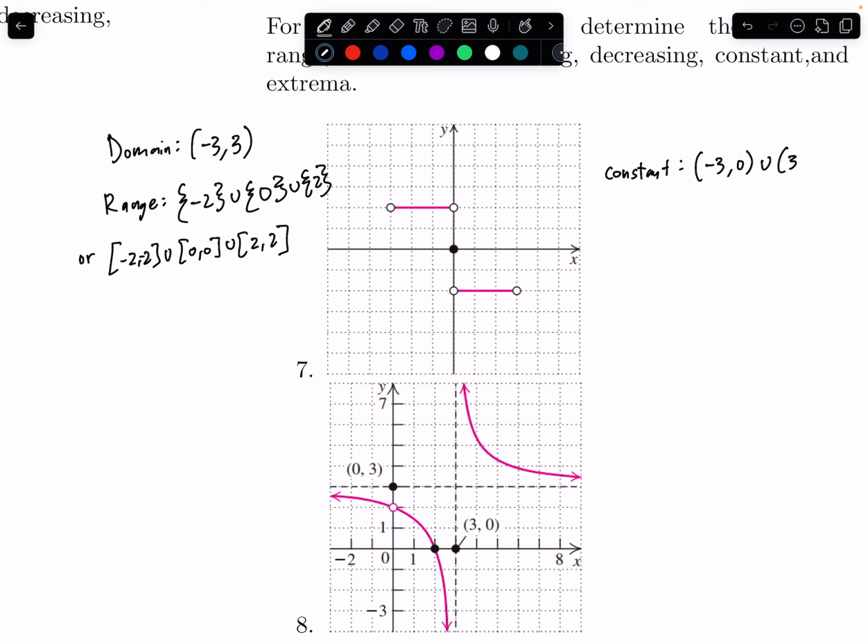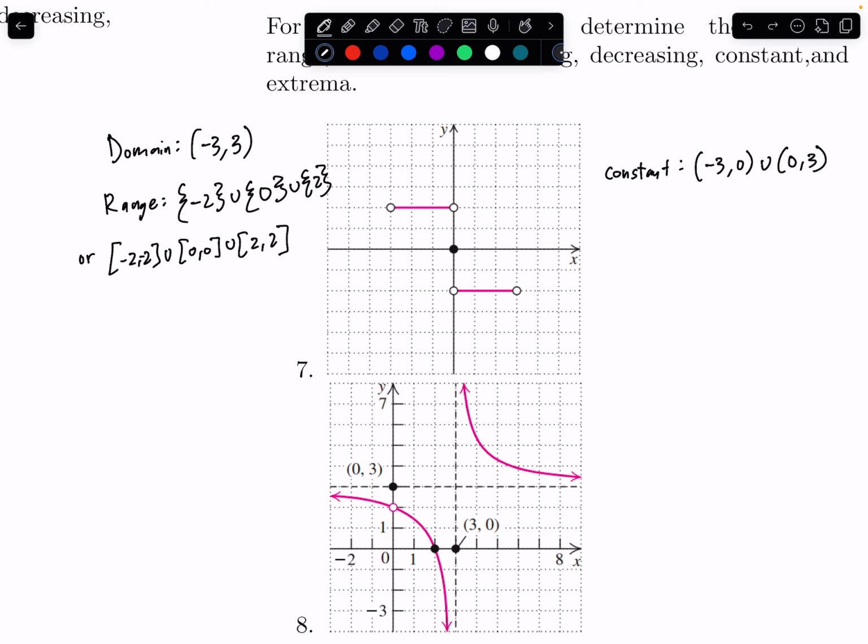And also from 0 up until 3. Notice we excluded the point 0 because at that point, it's not constant, right? So I go from looking at this point to the left and to the right, it's not the same, right? If I go to the left, it's one thing, but if I go to the right, suddenly it's not. It's got this big, huge drop off suddenly. So you can't say it's constant, increasing or decreasing at the point 0.